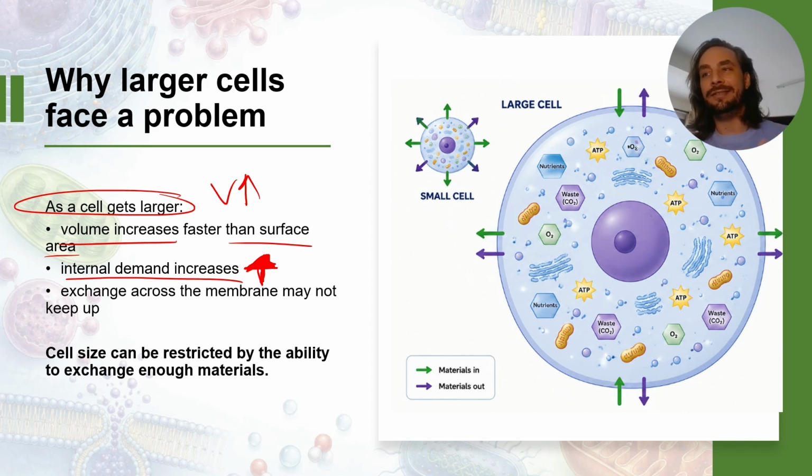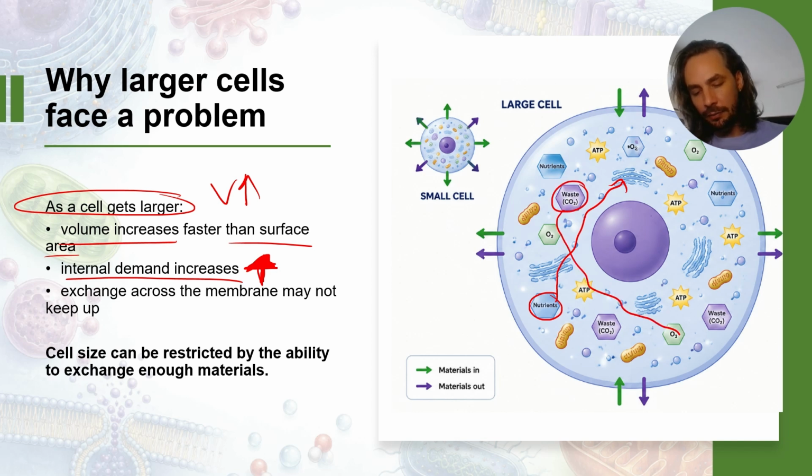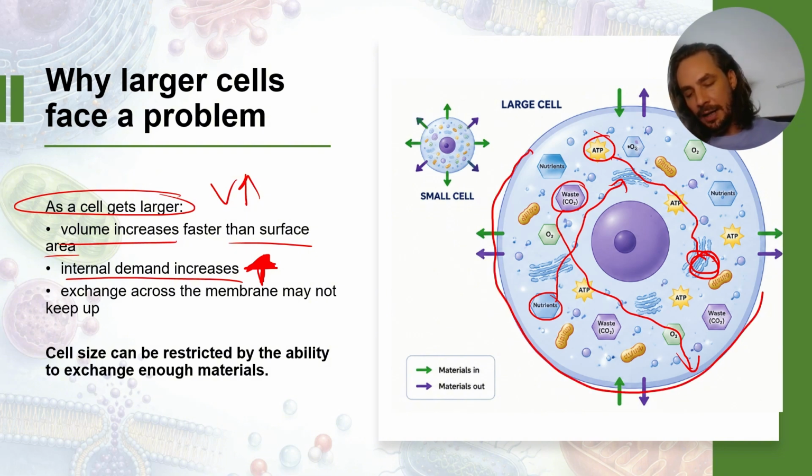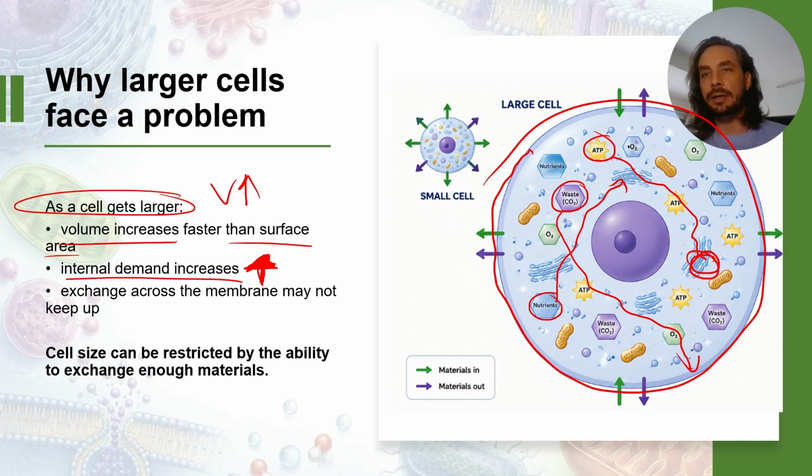For example, nutrients need to be transported all the way in, waste needs to be transported all the way out, and ATP needs to travel to help with the metabolic process. The internal demands are really high, and the surface area cannot keep up with that internal demand. So a cell's size can be restricted by its ability to exchange enough materials efficiently.